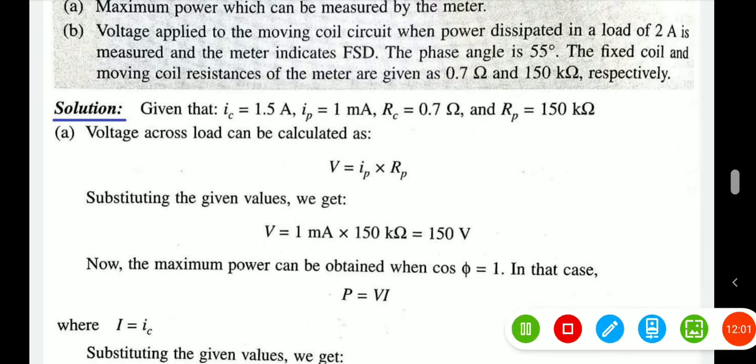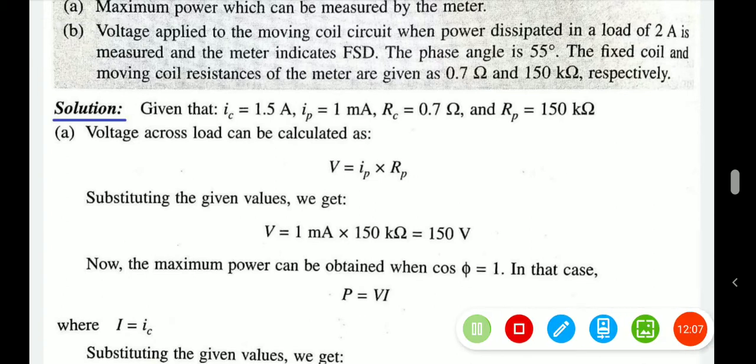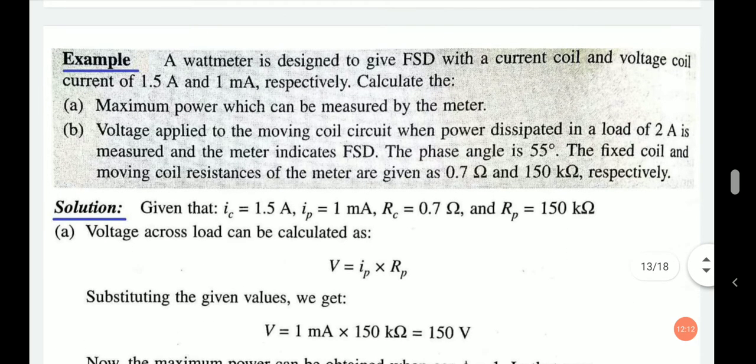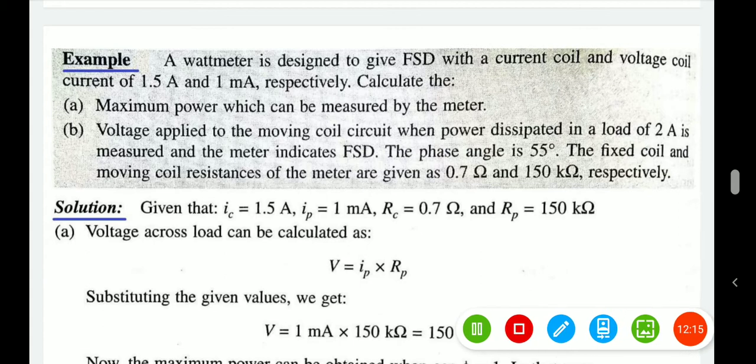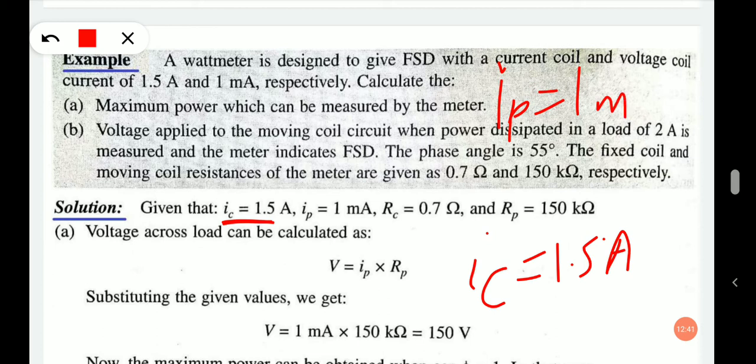So here the given data is: current flowing through the fixed coil or current coil, that is IC, 1.5 ampere. Then the current flowing through the voltage coil or pressure coil, that is IP, is given as 1 milliampere.